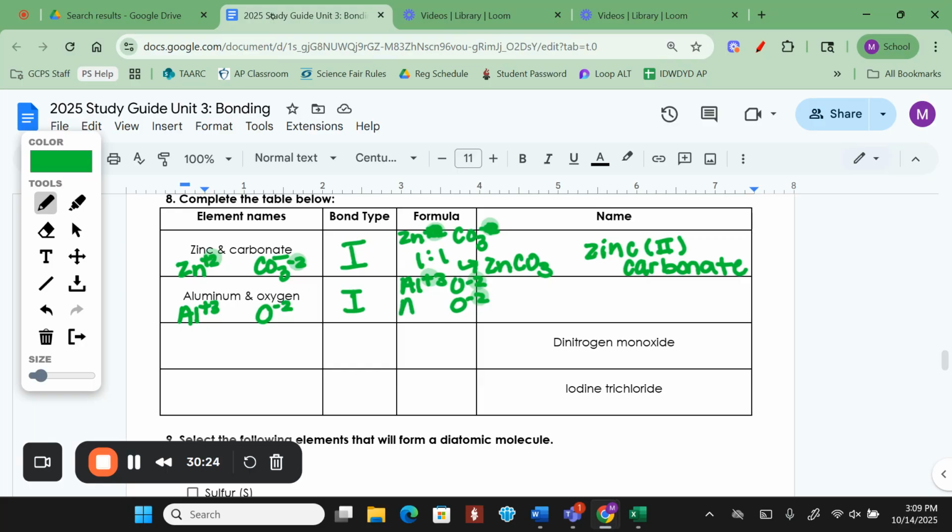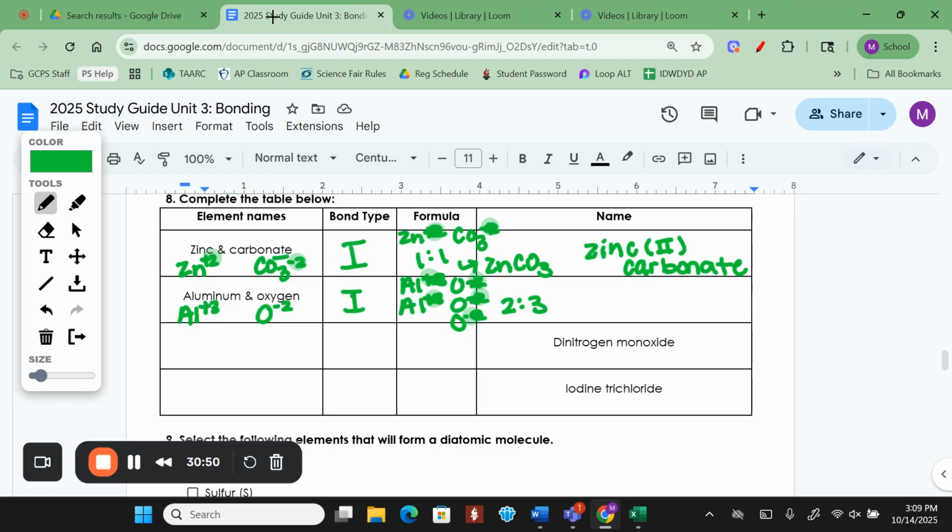Still no balance, so I'm going to add another Al +3. Now I have 6 positives and I have 4 negatives. Adding on another negative, because those are not the same number, I now have 6 positives and 2, 4, 6 negatives. I can go ahead and get rid of those and tell you that the ratio is 2 to 3.